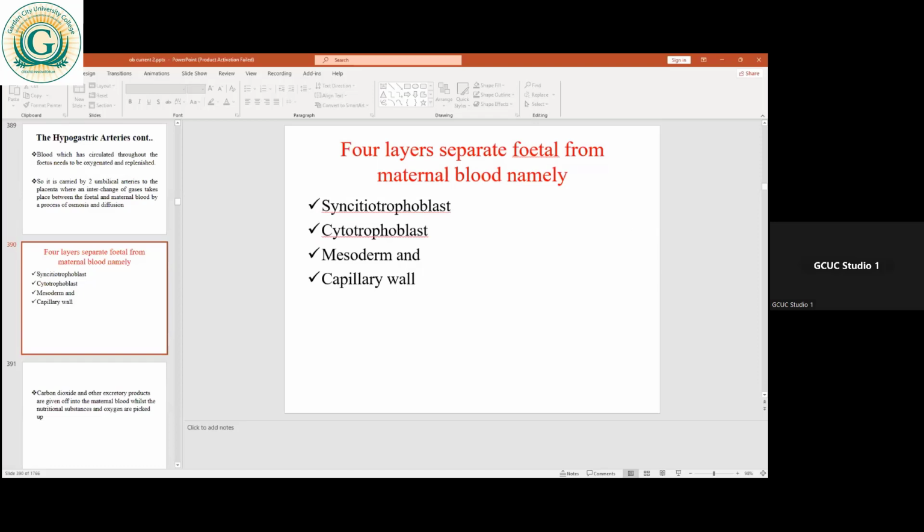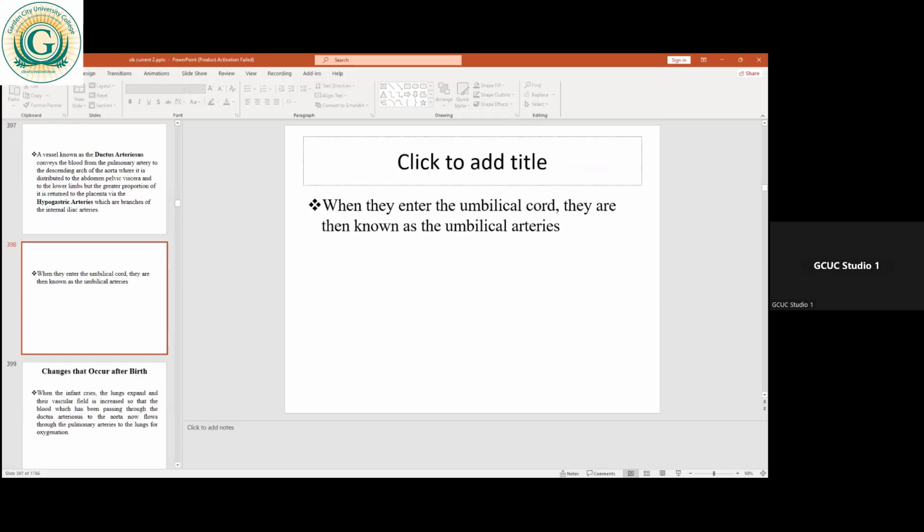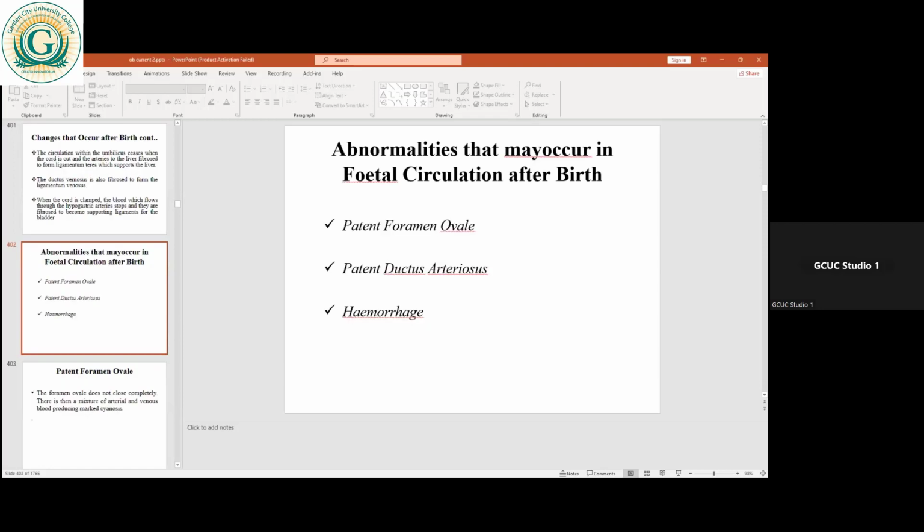Before we ended, I was giving you the problems that will occur when the hole between the atria, the foramen ovale, is not closed: it will persist and the baby will develop a hole in the heart. Also patent ductus arteriosus, the baby will develop a hole in the heart.